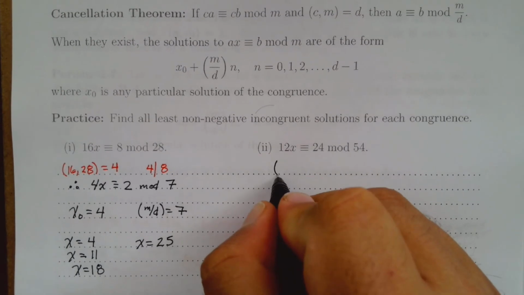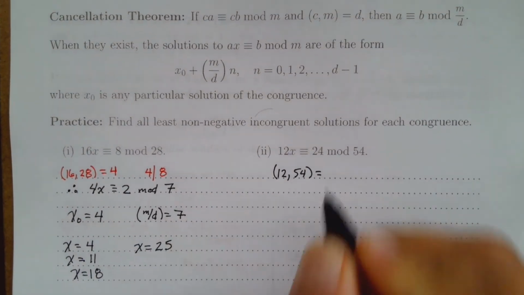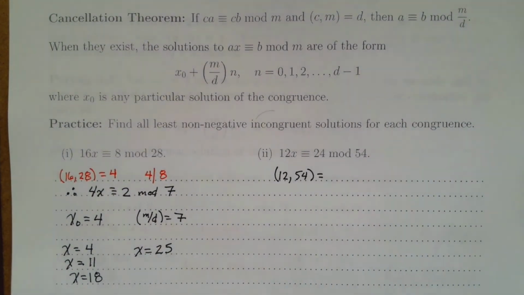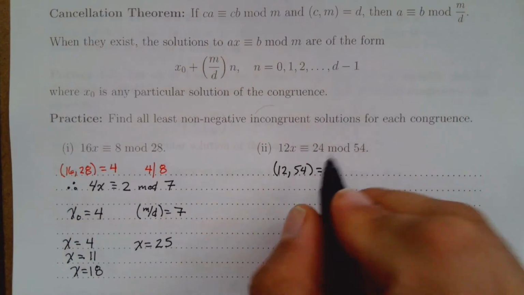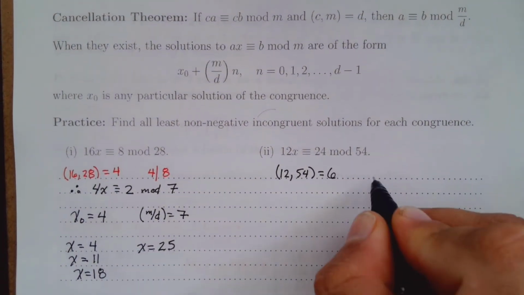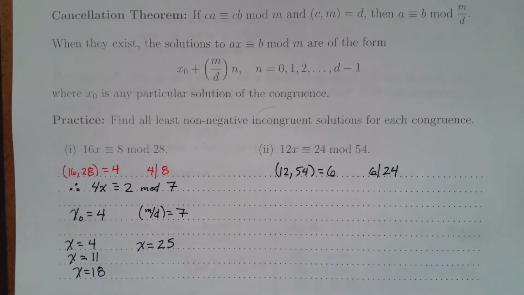How does it look for this congruence? What is the greatest common divisor of 12 and 54? If we think it through, that's going to be 6. And 6 does divide 24.